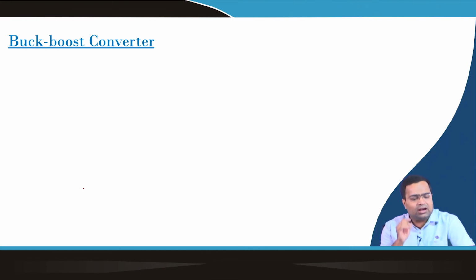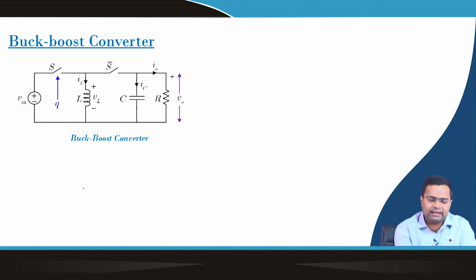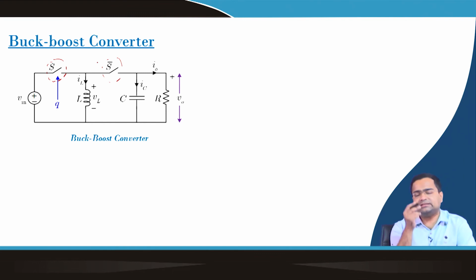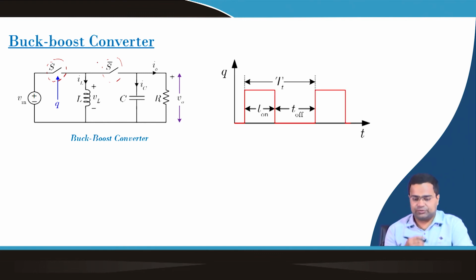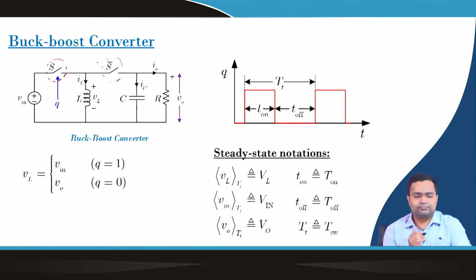Now, the third converter that is left is the buck boost converter, which is well known, where again this switch is the controllable switch and the other switch is used as a complementary switch. If we again draw the Q, that is the gate signal, and write down the voltage across the inductor, then depending upon Q equal to 1 and Q equal to 0, that is, whether S is on or S is off, we can write down the inductor voltage and the steady state equation.